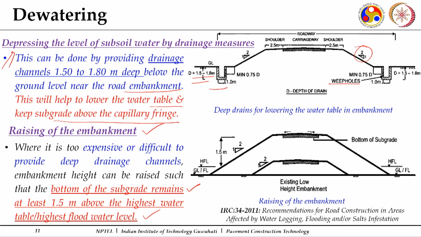So if this is the high flood level, we will preferably try to raise the embankment in such a manner that the bottom of your subgrade is at least 1.5 meter above it. This is another way in which we can protect our embankment, specifically the subgrade, from the high flood level, because we know if the subgrade becomes submerged, then there will be a loss of strength, and this will lead to some failures in your pavement structure.